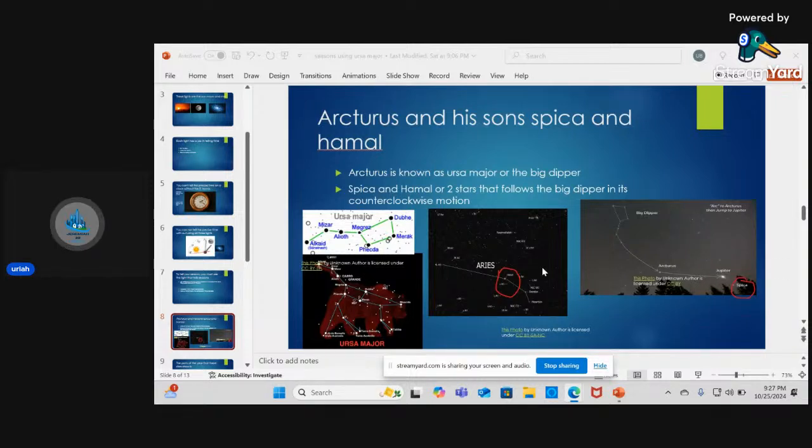Now, the two suns that it's talking about is, I mean, not Arcturus, but Hamal, which I circled here, and Spica. Now, when it becomes the beginning of a year, Spica always leads the moon, letting you know that this is the first day of the first month in your year. This lets you know that the year has begun and sprung forth.